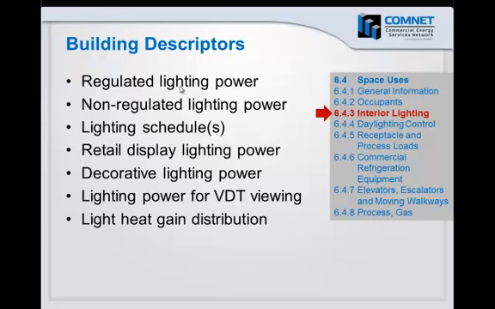Then there's the light heat gain distribution. This is where heat from the lighting fixtures go into plenums, into the space itself, how much is radiation, and so forth. And then there's the power adjustment factors.